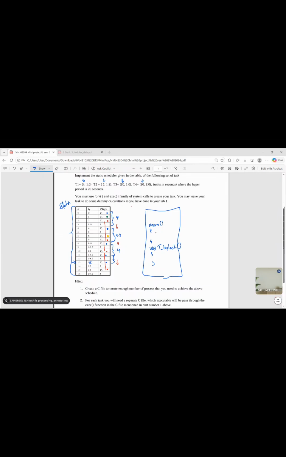Inside here, you put a loop every 3 seconds, and inside the loop you call your Laplace function. That's what you did, right? For mini project 1A, generally the skeleton is like that.